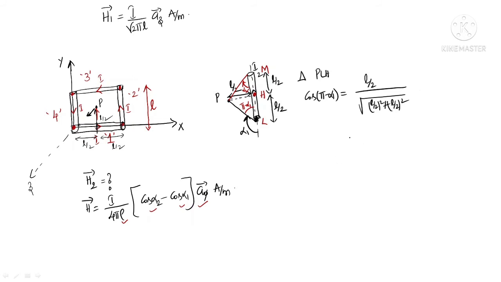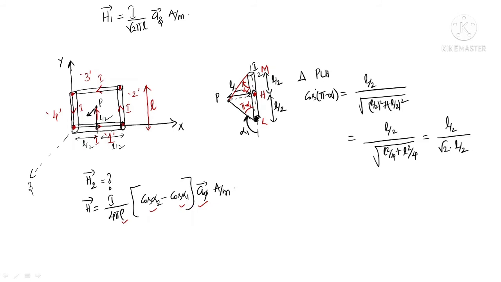So cos(pi minus alpha 1) is equal to L by 2 divided by root of L square by 4 plus L square by 4. Is it right or not? Now L by 2 divided by root of 2 L square by 4, and root of 2 L square by 4 can be written as root 2 into L by 2.